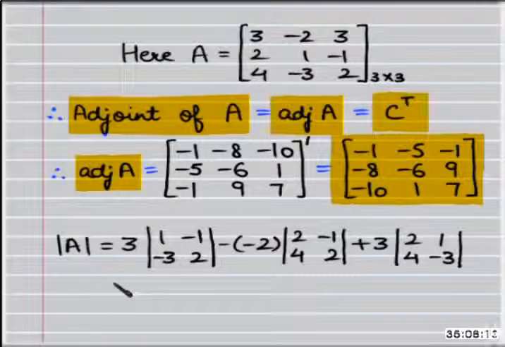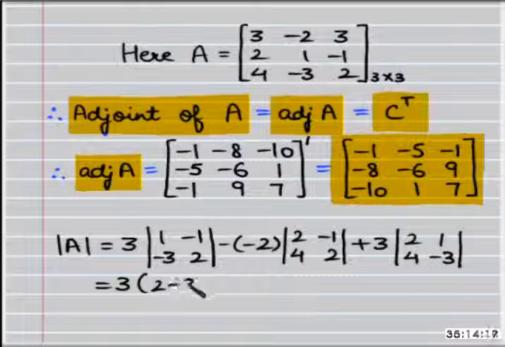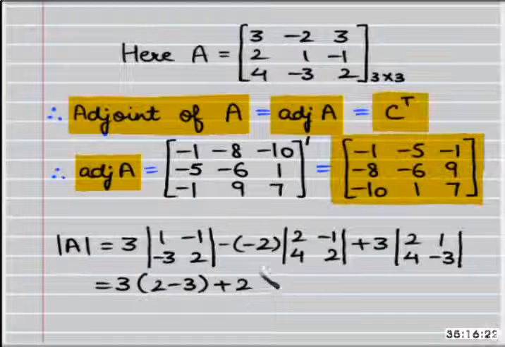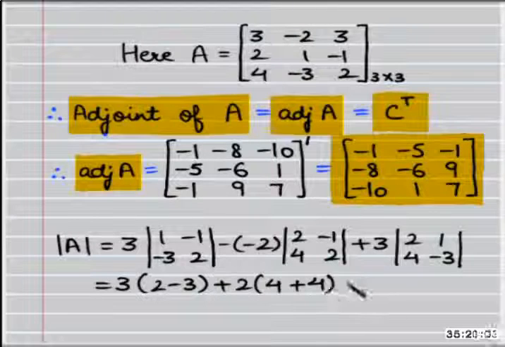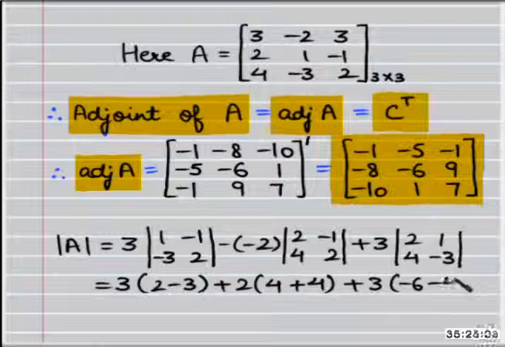This is equal to 3 into 2 minus 3 plus 2 into 4 plus 4 plus 3 into minus 6 minus 4.